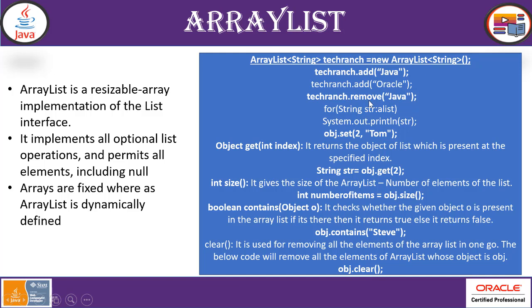You can also remove from the list using the remove method without traversing, without going to the indexes, as we do in regular arrays. So this is the difference between array and ArrayList. We have a few more popularly used methods like object.set, object.get, object.clear, object.size, and object.contains. All these methods help you to access this type of list.